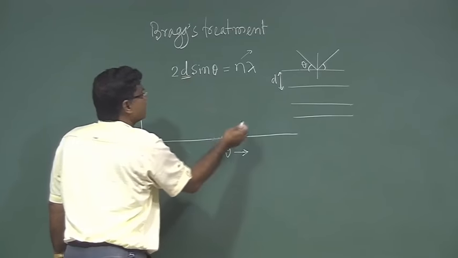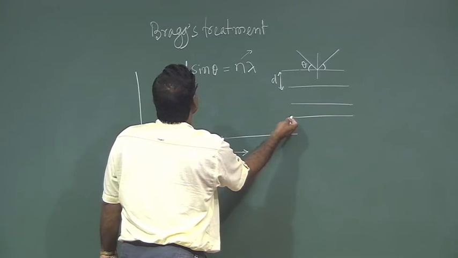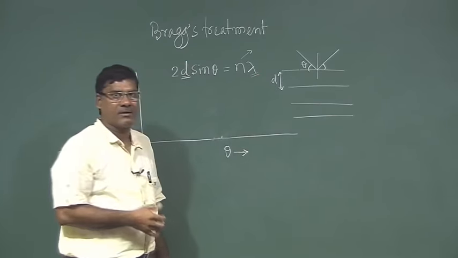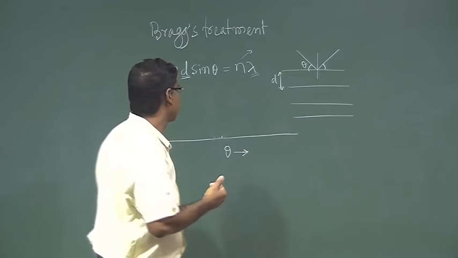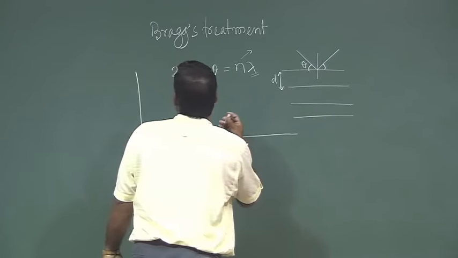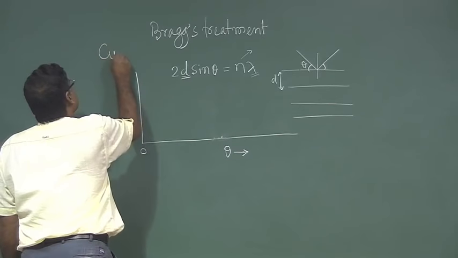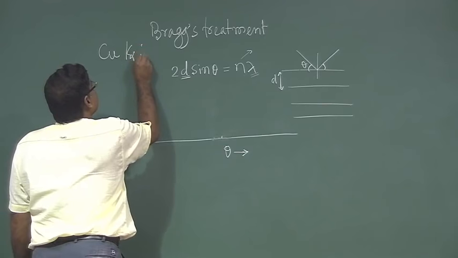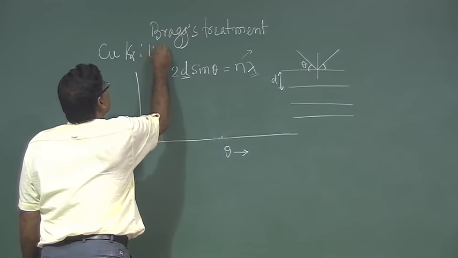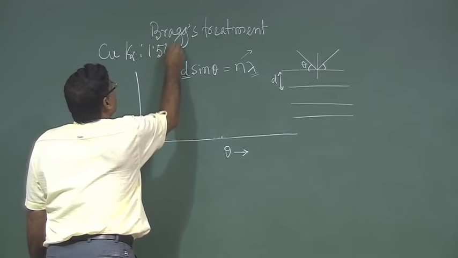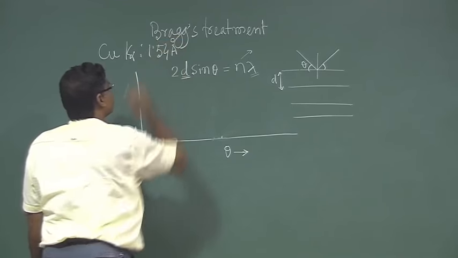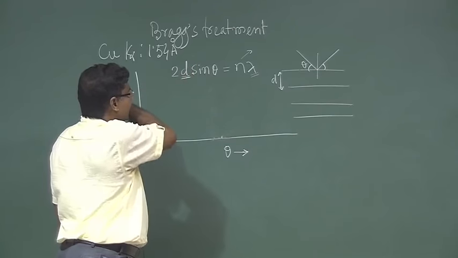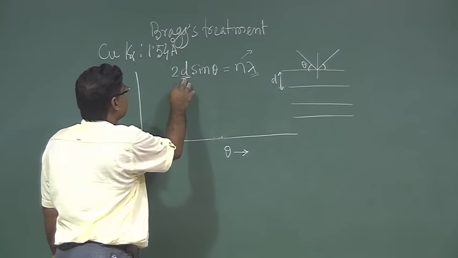For a particular d, and if the X-ray wavelength is monochromatic, we choose a particular lambda. Say you are taking a copper target, copper K alpha X-ray, its wavelength is 1.54 angstrom, and say you are taking a particular d.